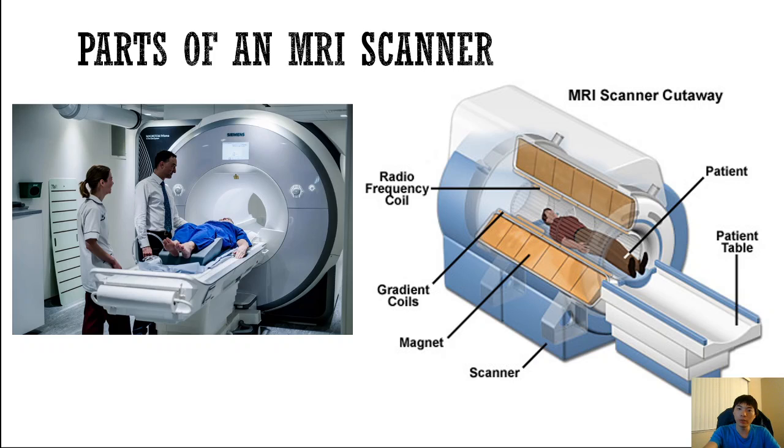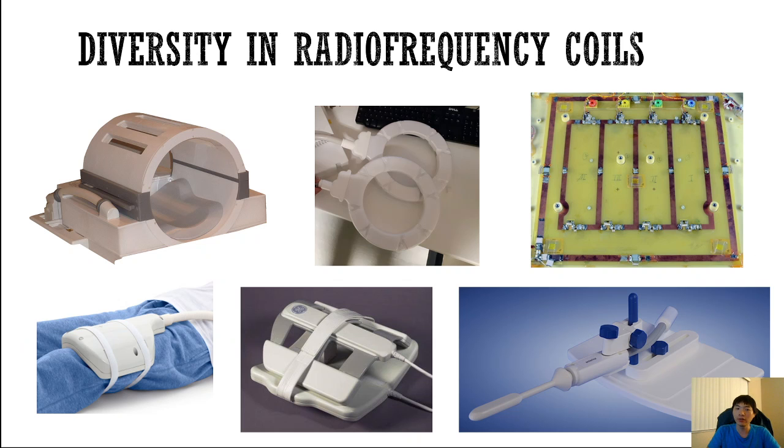These come in a variety of shapes and sizes for different applications. On the top left there, we have a head coil. You can see it's a nice round cylindrical coil where we can have the patient's head nicely placed inside, and so we have a lot of elements all the way around the patient's head for a good signal acquisition.